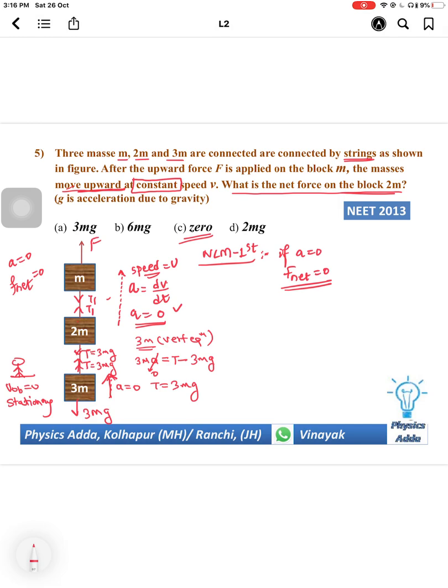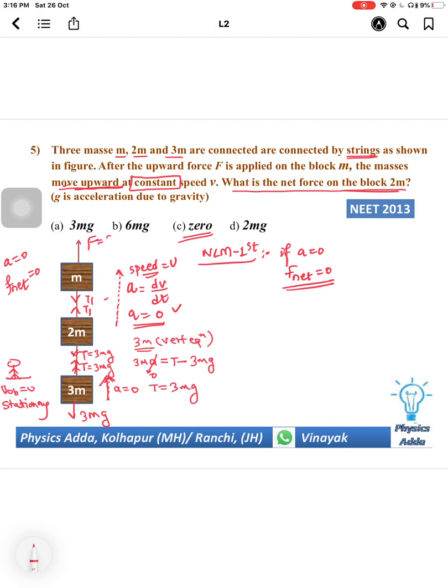Now for this block, what is the value of F? I need to find out the value of F. I can combine the masses, as the tension is resolved internally, and consider this as a single block of mass m plus 2m plus 3m, which is 6m.